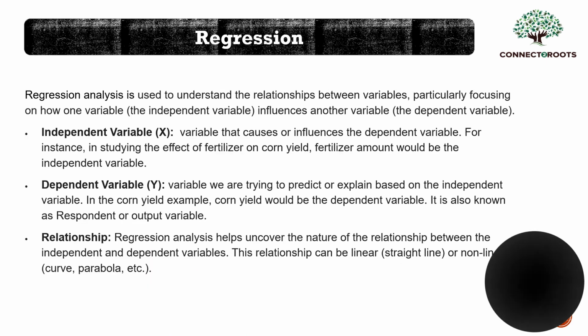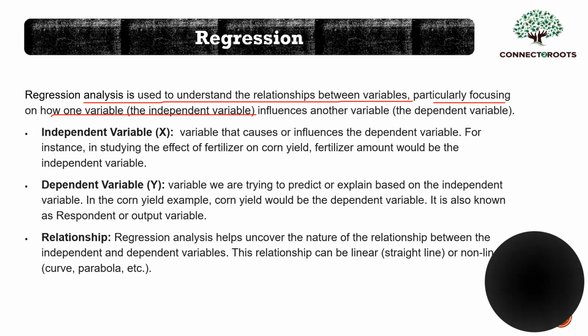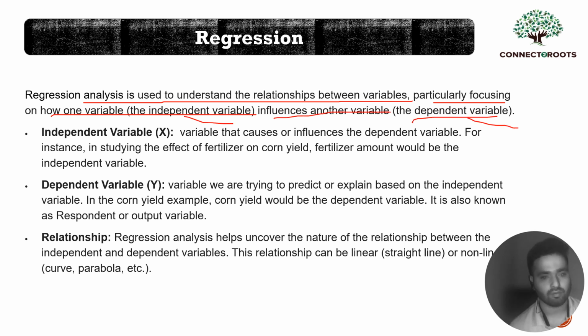Now, coming to regression. Regression is used to understand the relationship between two variables, particularly focusing on how one variable, the independent variable, influences the other variable, the dependent variable. The dependent variable will always be your objective variable, denoted by y, whereas your independent variable will be your x.